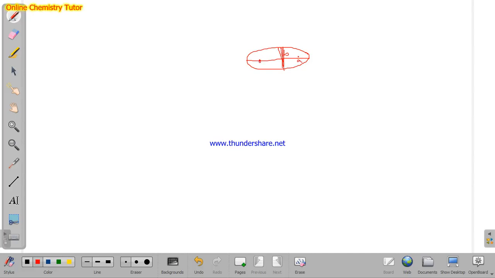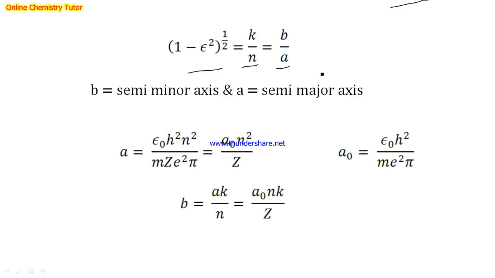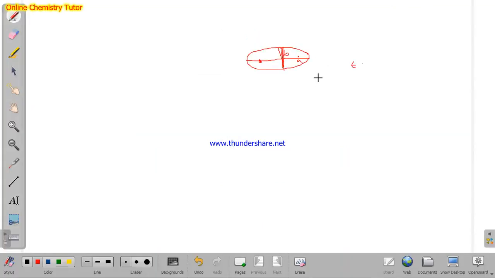In this focus the nucleus is situated. The value of eccentricity is epsilon. Then b by a equals root over 1 minus epsilon square. This is the relation between the major axis and minor axis.